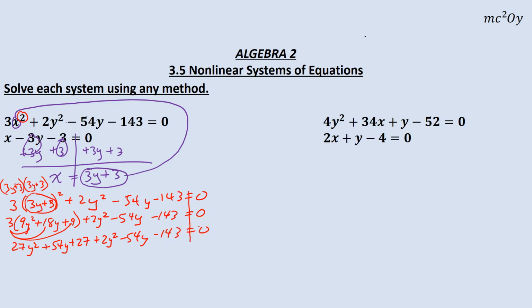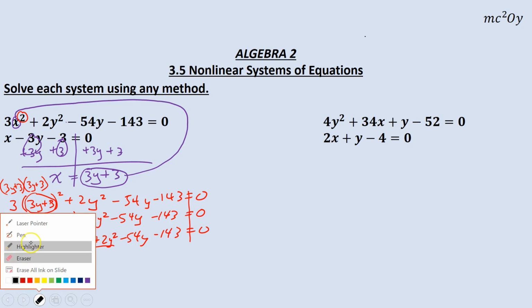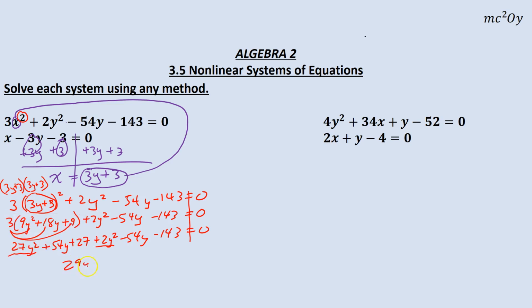Okay, so I start looking at this and try to condense some stuff. I have 27y squared and 2y squared, so I have 29y squared. I have a 54y and a negative 54y, which means they cancel.